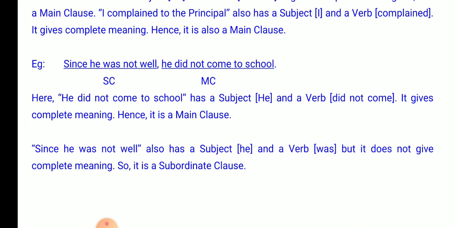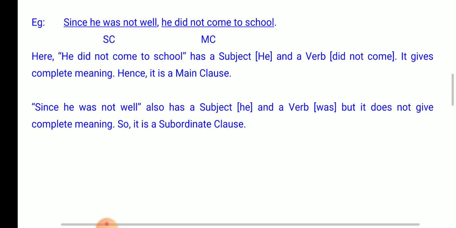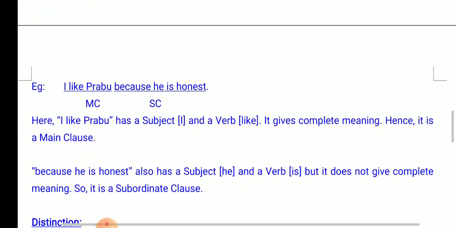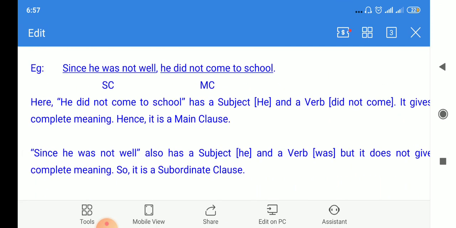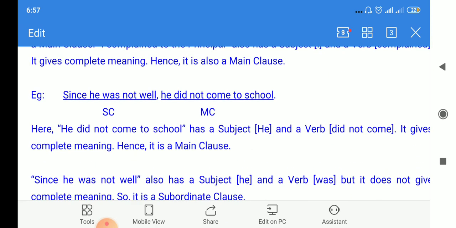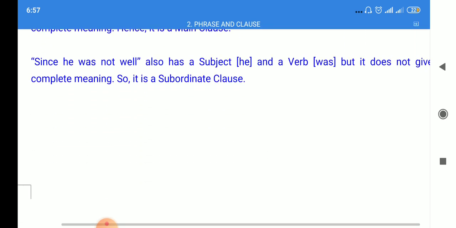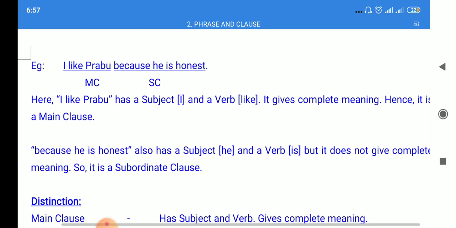In the subordinate clause also, you have a subject and a verb. But what is the difference between the main clause and the subordinate clause? The main clause gives complete meaning, but the subordinate clause does not give complete meaning. Now, in this example, you find that the subordinate clause is at the beginning of the sentence and it is followed by the main clause.